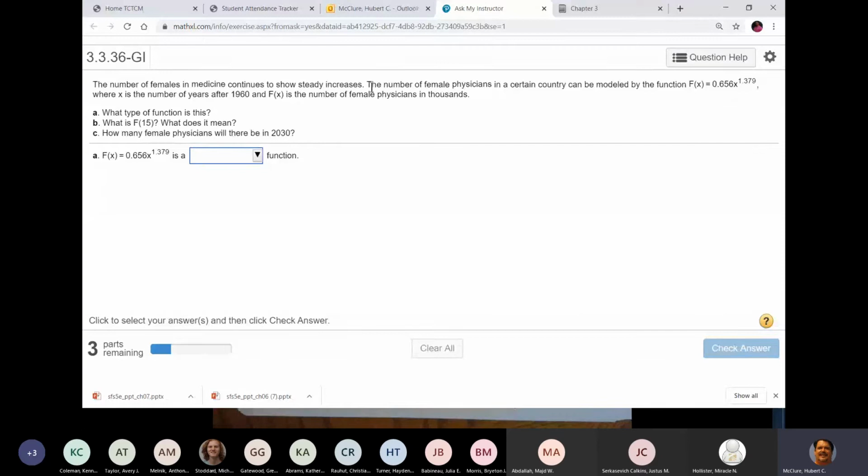The number of female physicians in a certain country can be modeled by the function f of x is equal to 0.656 x to the 1.379, where x is the number of years after 1960. And f of x is the number of female doctors.